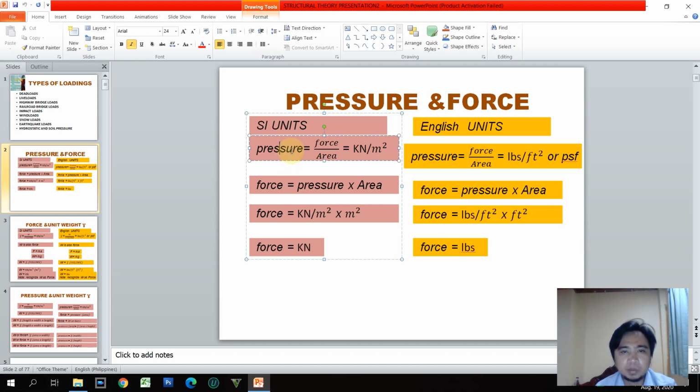So referring to a force pressure, of course that is an external pressure, just the same, that is equivalent to force all over area, yielding to a unit of kilonewton per square meter in SI units, and for English units it is pounds per square foot, or abbreviated as PSF.